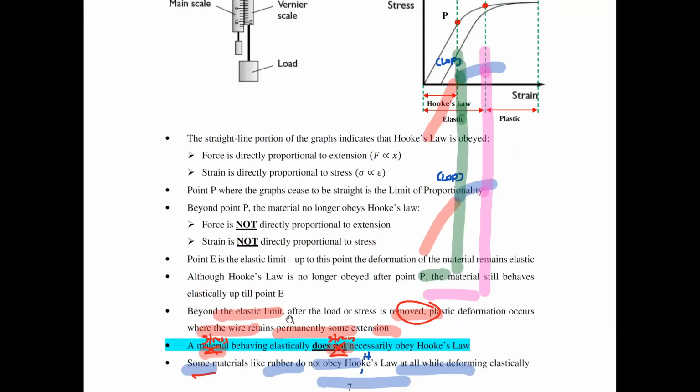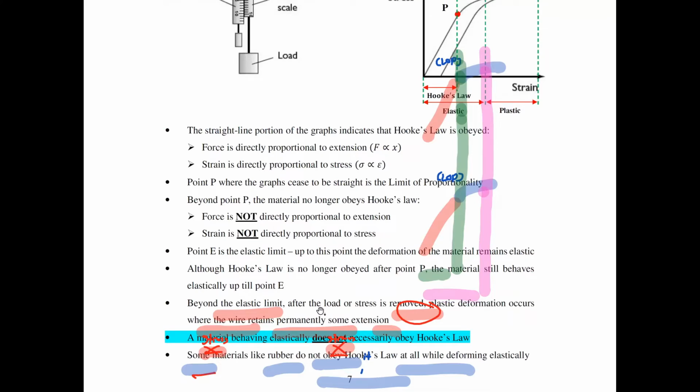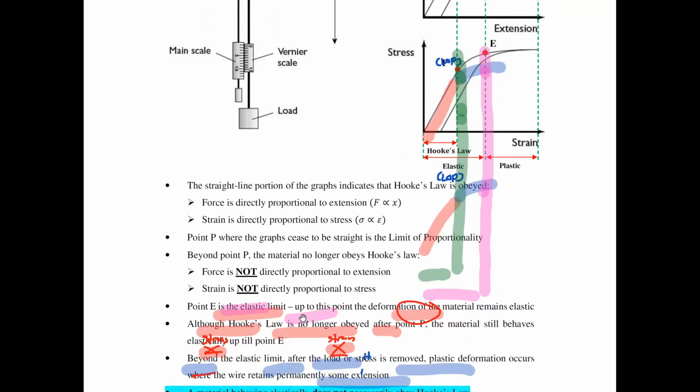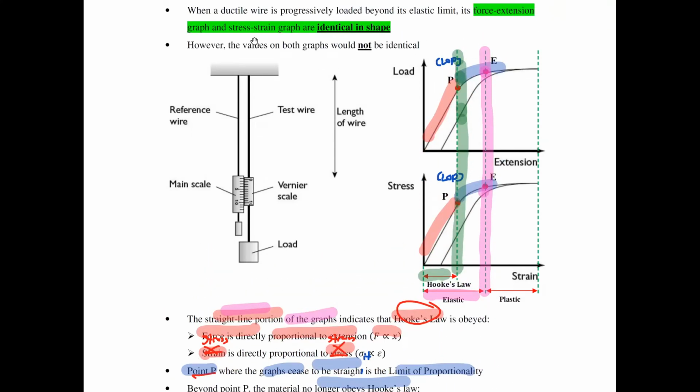Anything after that, beyond the elastic limit, plastic deformation will occur where the wire retains permanently some of its extension. So if you're talking about the wire here, if you go beyond point E, that's where you start to have plastic deformation.